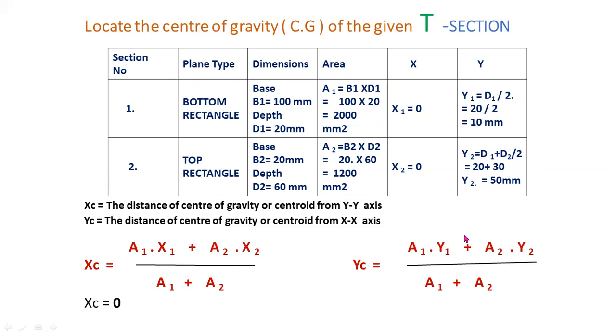After substituting these values, you get yc equal to 25 mm. So xc equal to 0, and the distance of centroid from the x-axis equal to 25 mm.